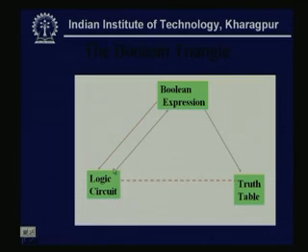Now, if the logic circuit is given, from there the Boolean expression can also be evaluated. Similarly, if the logic circuit is given, the truth table can be constructed. If the truth table is given, then the logic circuit can be designed from the truth table.